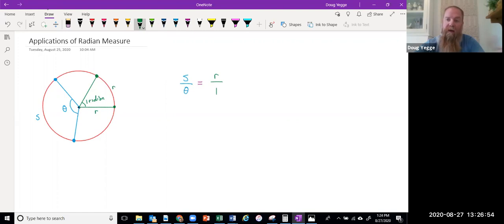So I know that the arc length can be found by simply multiplying this across and finding out that by multiplying by theta, the arc length is equal to the radius times the angle. But it's really important to recognize that that angle must be in radians, because the radian measure is actually describing a real number, the units of distance that are actually traveling around the outside of the circle.